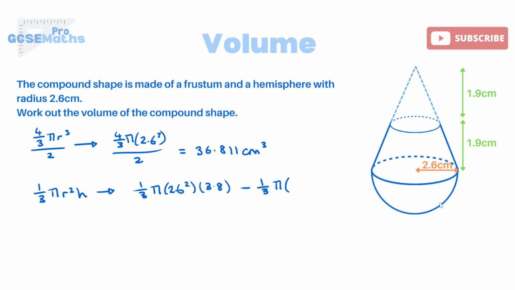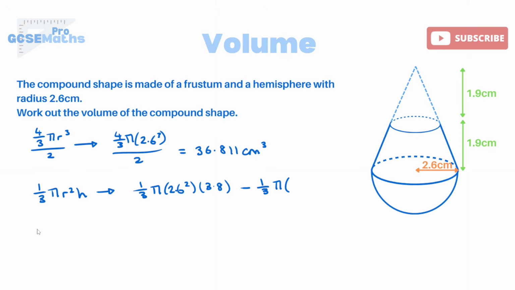It wouldn't be 2.6. So the way that we can figure that out is by using similar shapes, the logic from that topic. We need to find a scale factor because the small cone is just the big cone multiplied by some kind of scale factor. So that would apply for the heights and for the radius. Now, we know that the big cone has a height of 3.8, and you can see here the small cone has a height of 1.9.